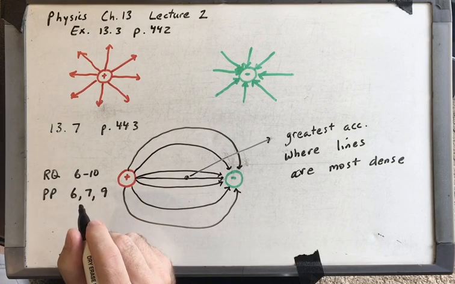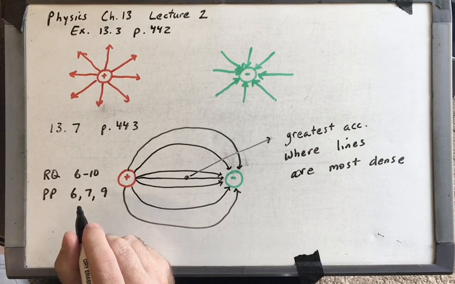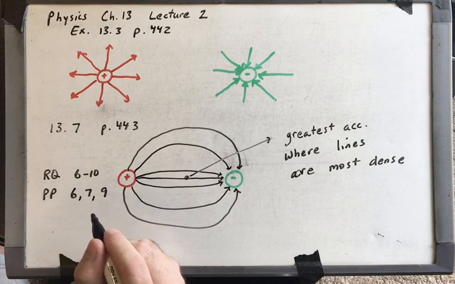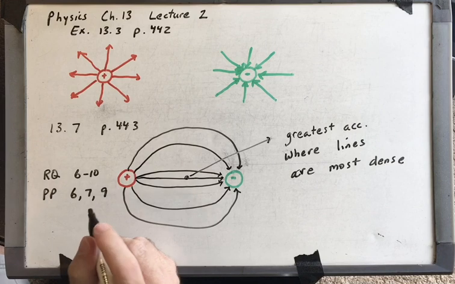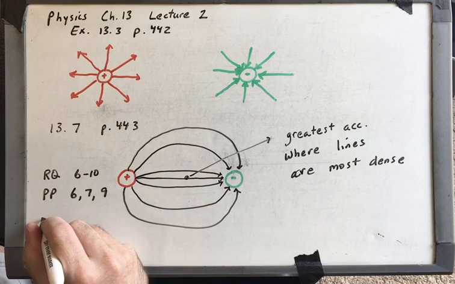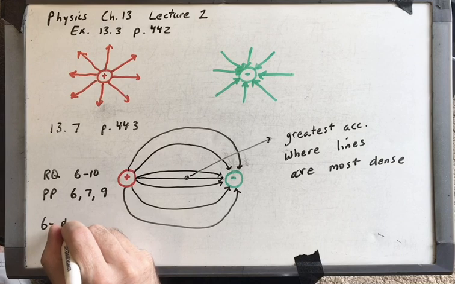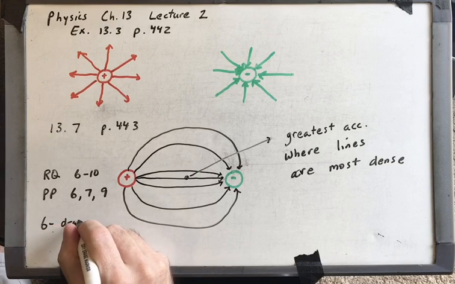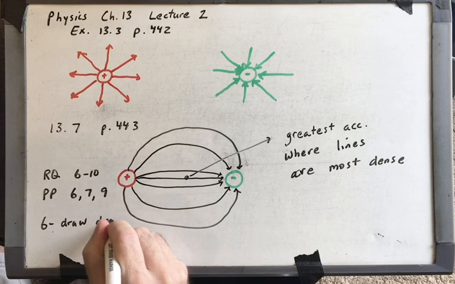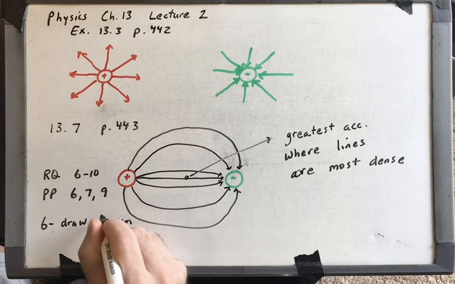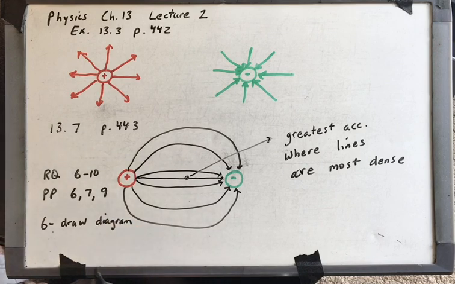All right, and I've got a special instruction for number 6. Number 6, make sure you draw the diagram like I did in On Your Own 13.6. Okay, make sure you draw out that force diagram.